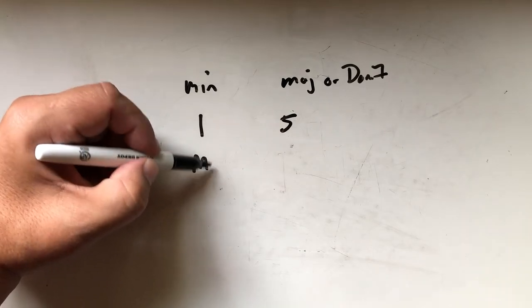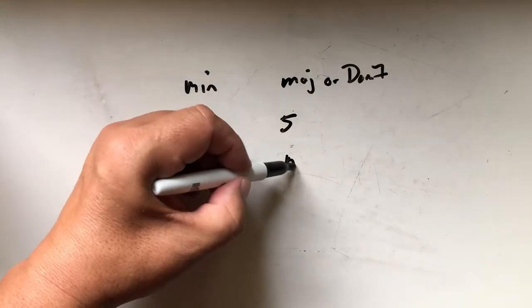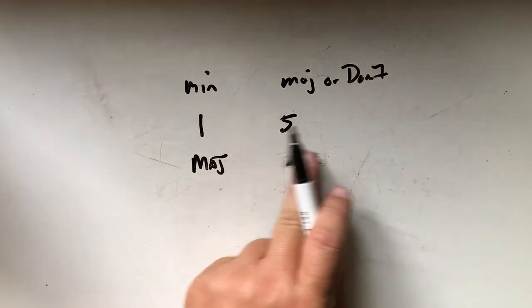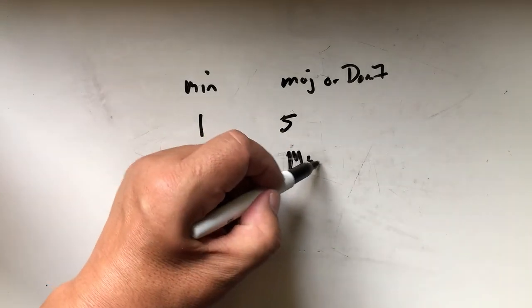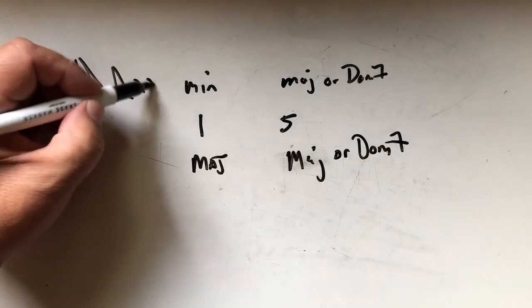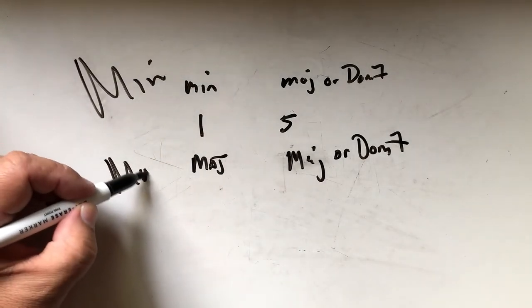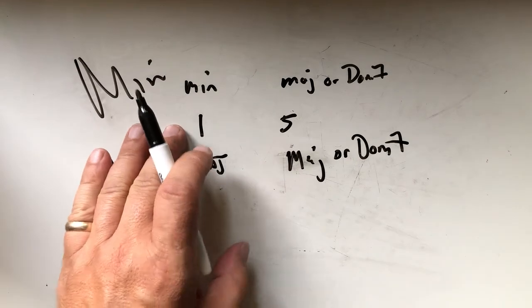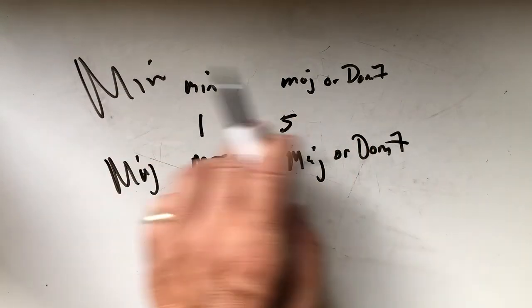This will be major in the major keys, and this will be major or dominant, right? So this is my minor keys, this is my major keys. And, home, away, bringing it back home.